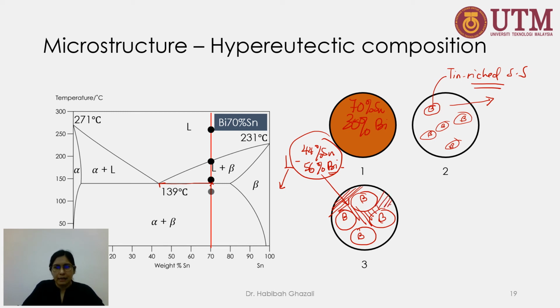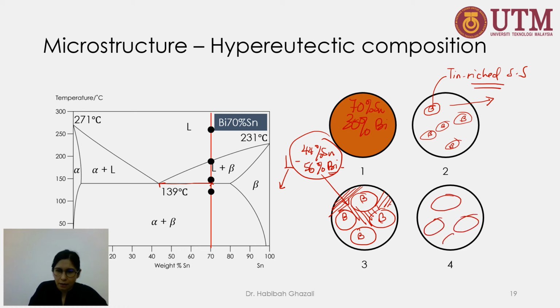So in the end, after that solidification process ends, what you will have in the final microstructure is beta solid solution with a mixture of lamellar microstructure consisting of alpha, beta, alpha, beta sitting right next to each other. So this is a hypereutectic composition microstructure.